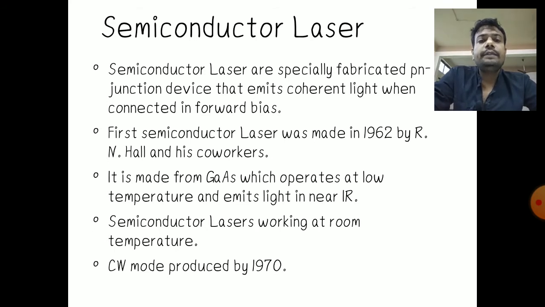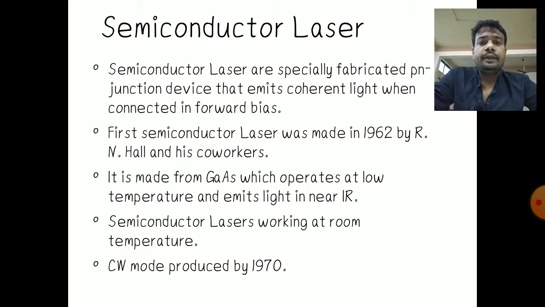If we join this p type and n type semiconductor, the junction is known as a p-n junction diode. If we connect the p terminal of the diode to the positive terminal of the external supply and the n terminal of the diode to the negative terminal of the external supply, that biasing is known as forward bias.